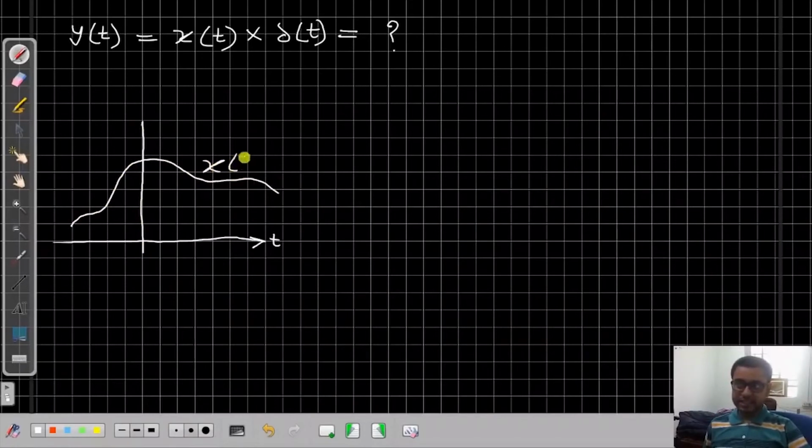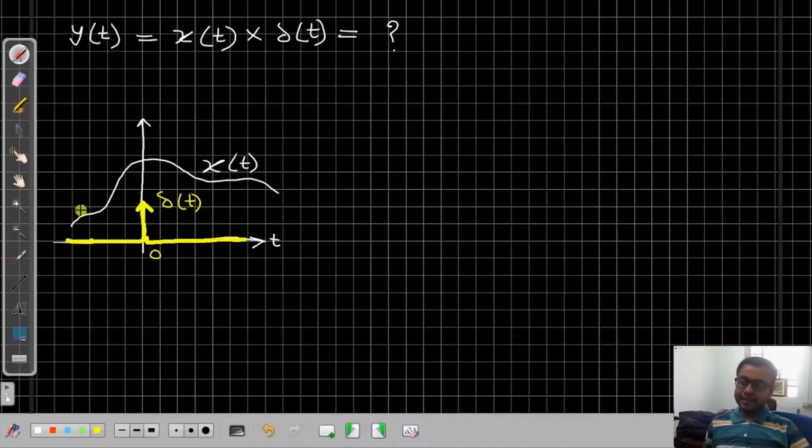This is x(t), and let me also draw delta(t) on the same picture. So delta(t) is 0, and here delta(t) picks up. We denote that with an arrow, and then it comes down and becomes 0 again.